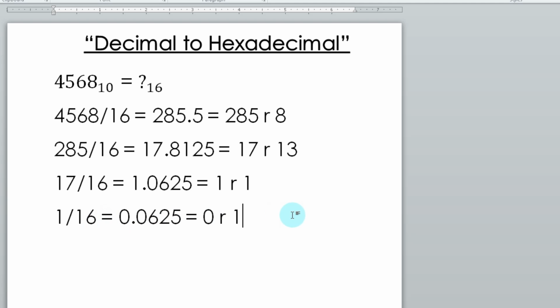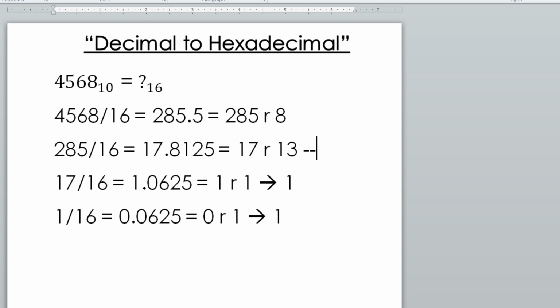Now that we have reached the whole number 0, let us focus on the remainders of every step, which are 1, 1, 13, and 8. What we are going to do next is convert these numbers into the hexadecimal values I showed you earlier. In that table, 1 is still 1 in hexadecimal, so this is also 1.